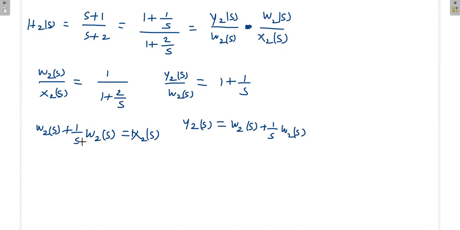Now we need W2(s) with respect to X2(s). So W2(s) is equal to X2(s) minus 1 by s W2(s). Already this is in the correct format, because we need Y2 as a function of W2, which we can easily draw here. Now you take X2 of s.